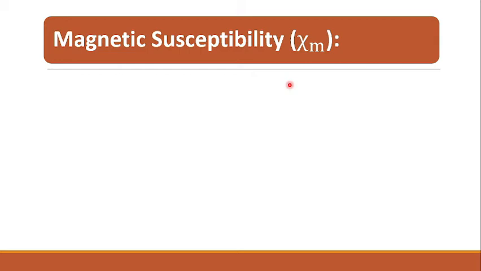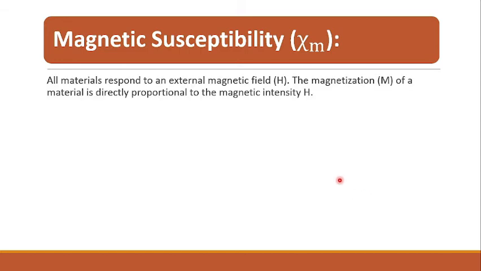The susceptibility indicates whether a material is attracted into or repelled out by a magnetic field, which in turn has implications for practical applications. Quantitative measures of the magnetic susceptibility also provide insights into the structure of the materials, bonding and energy levels. So all the materials respond to an external magnetic field H.